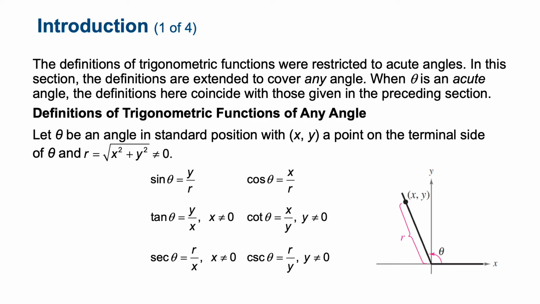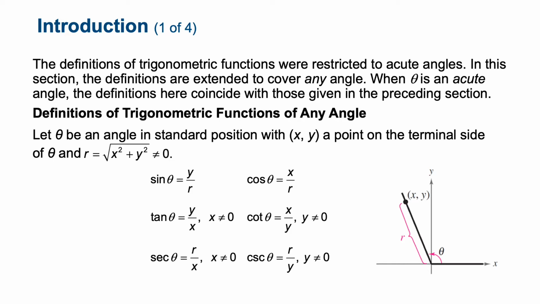Then (x, y) is a point on the other side of theta, the terminal side, and r is equal to the square root of x squared plus y squared, which is non-zero.